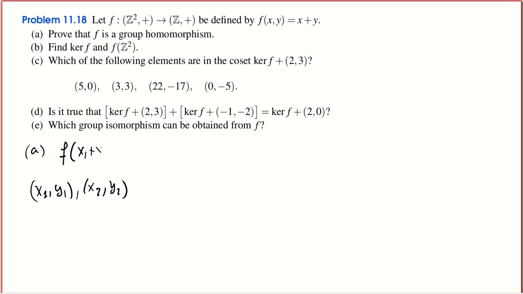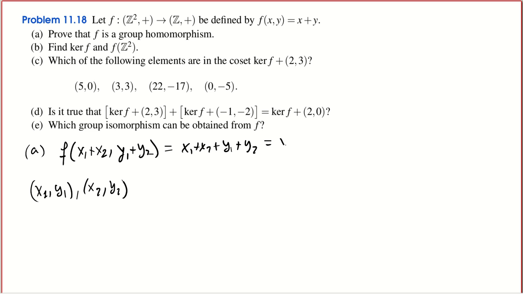And we are going to calculate the sum of these two and apply the function f to this sum. So what we have is the sum of the two elements, (x1 + x2, y1 + y2), right? And of course, the image of this, according to the rule, is just x1 + x2 + y1 + y2, right?